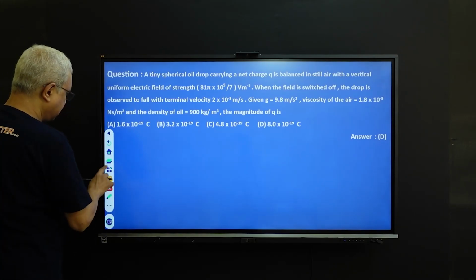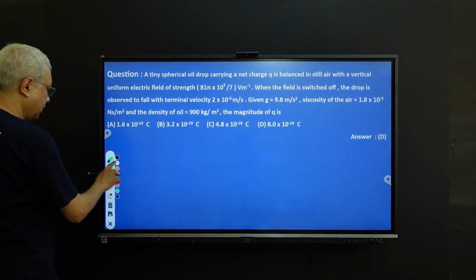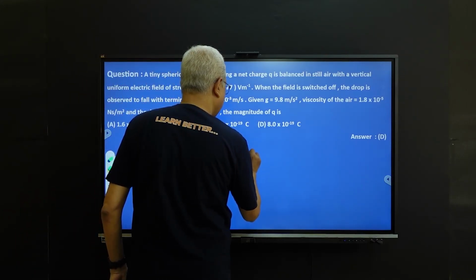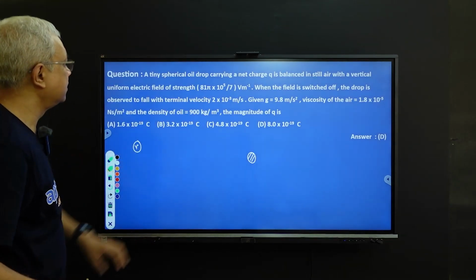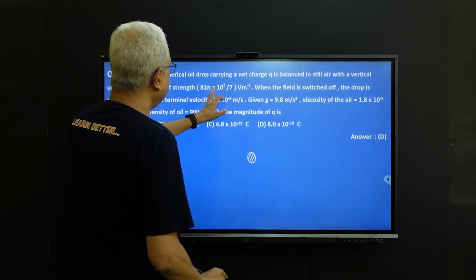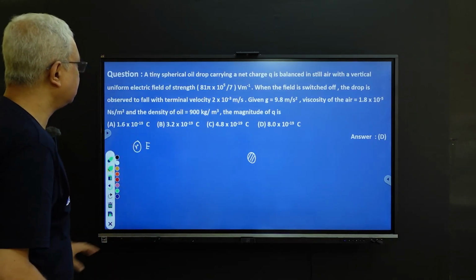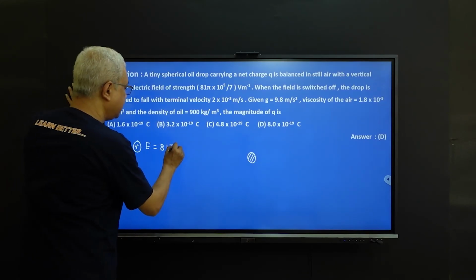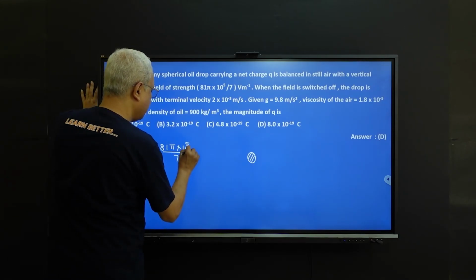Now, see the problem. An oil drop, say the radius of the oil drop we take as r for the time being, is balanced in still air with a vertical uniform electric field of strength E. Consider E equal to 81π × 10^5 / 7 volt per meter.